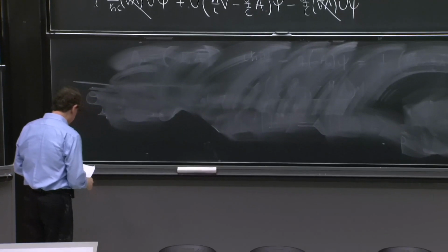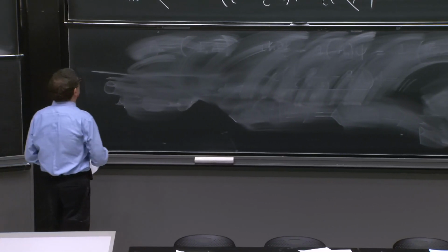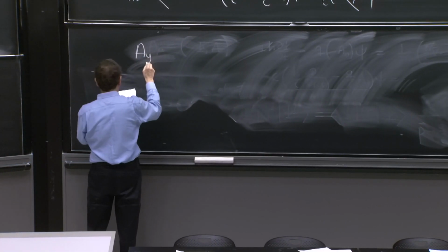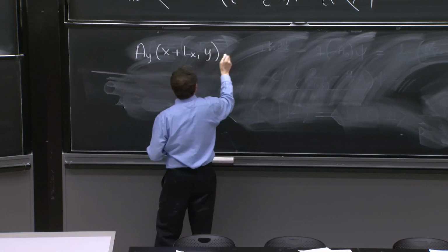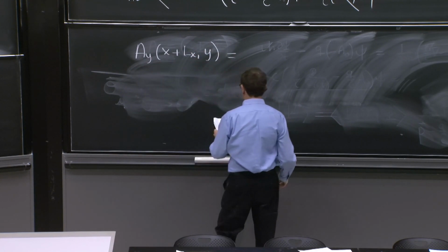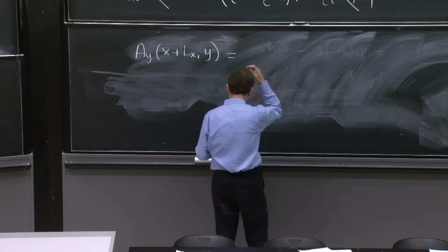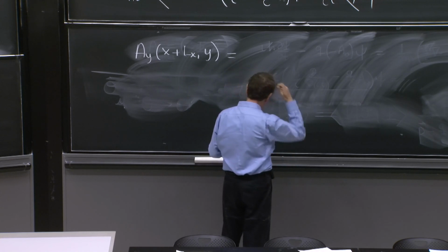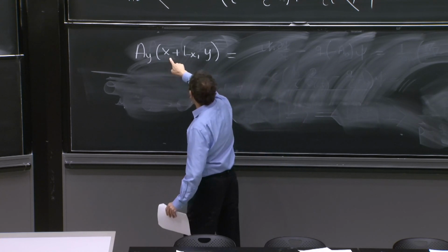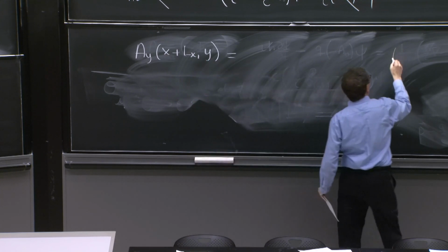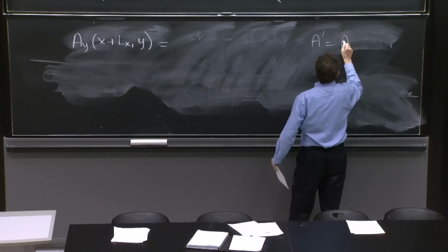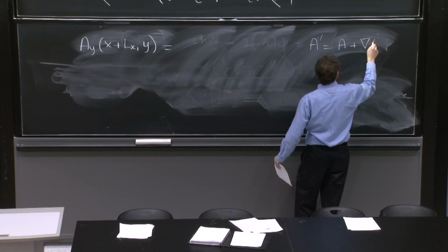So gauge transformations to the rescue. A_y of x plus L_x, y, I now want it to be a gauge transformation of the field at (x, y). Remember, A prime was A plus the gradient of lambda.